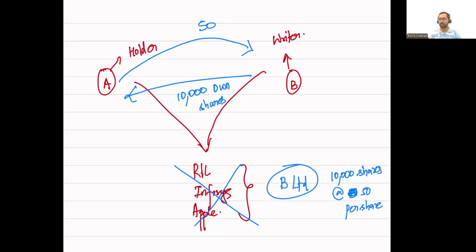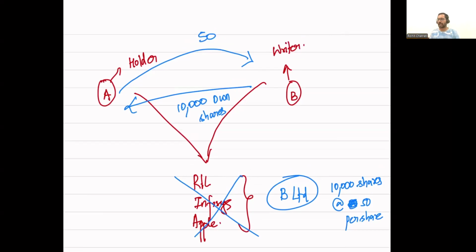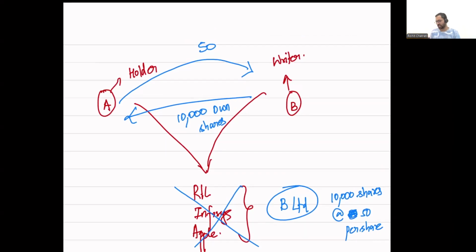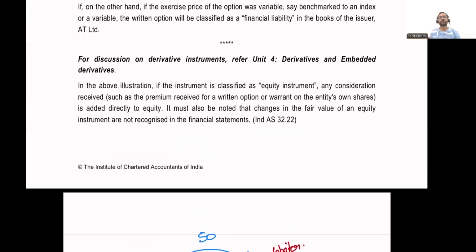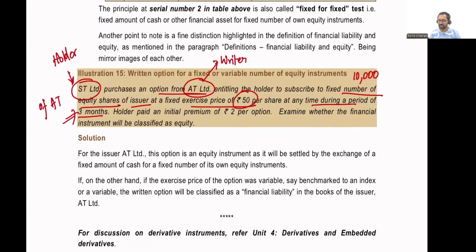If A Limited does not exercise the option, then neither is A Limited going to pay 50, nor is B Limited going to deliver its own equity shares. So in this case, ST Limited has an option to purchase the shares of AT Limited only, and AT Limited will have an obligation to deliver equity shares.